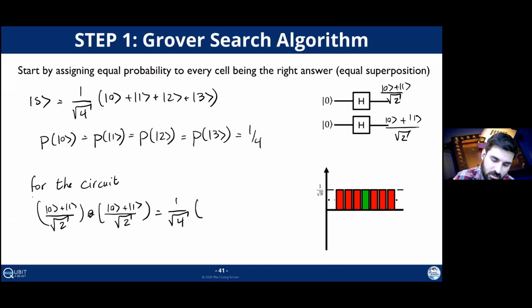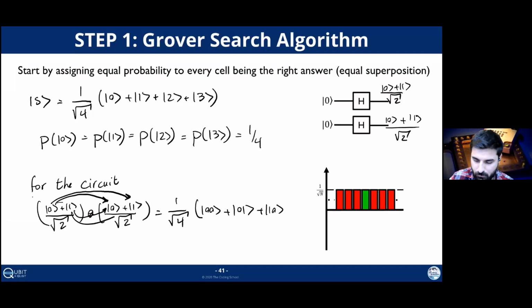And then I have the tensor product of 0 with 0. The tensor, maybe I can draw this. Yeah, 0 with 0, then 0 with 1, and then this 1 with 0, and this 1 with 1. And of course, these are just the binary representations of 0, 1, 2, and 3.